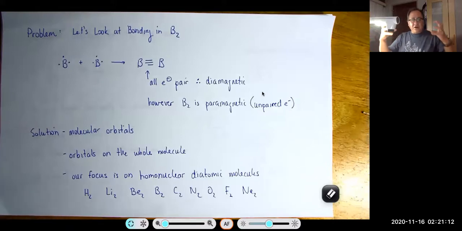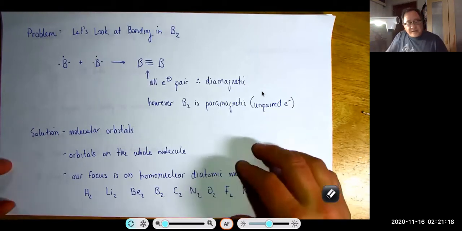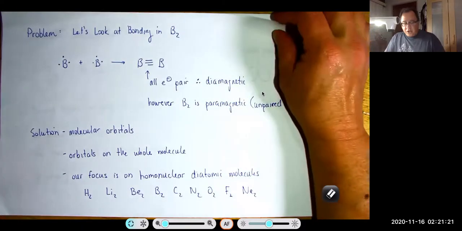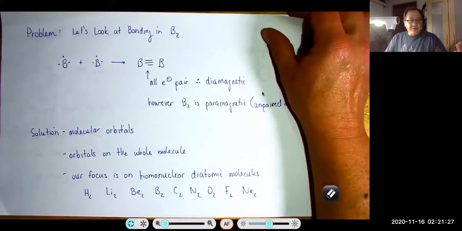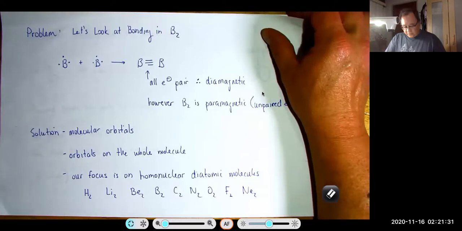You take all these atomic orbitals and put them together to come up with molecular orbitals. But it's not quite the same as hybrid orbitals, because you have to mix them in a special way to get molecular orbitals.